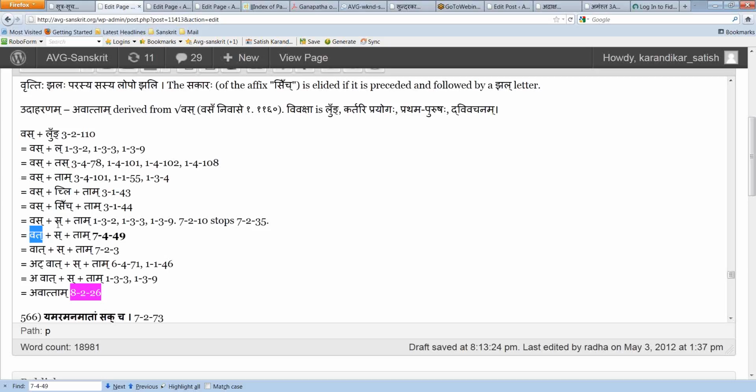So we get Vat sa tam, and then we have Vada Vraja Halanta Syachaha. Let's not forget that, because we have a halantam angam, right? And the sich pratyaya is there, which has no idagamaha. Otherwise, neti would stop the vriddhi. 7 2 4 will stop it. It's followed by a parasmaipadam.